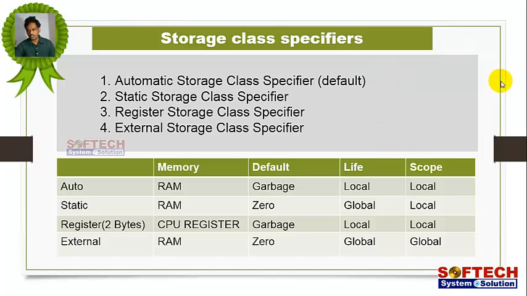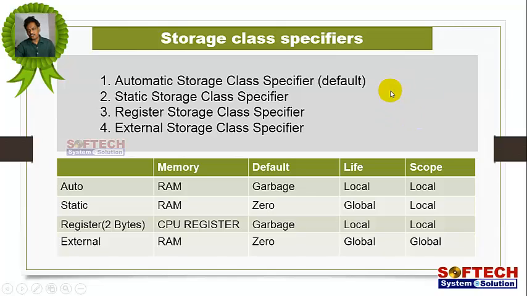If we come out of the function, the memory of the variable is released. Then when we enter the function again, it creates new memory. So with each and every function call, the memory of the variable is newly created. This is local life.